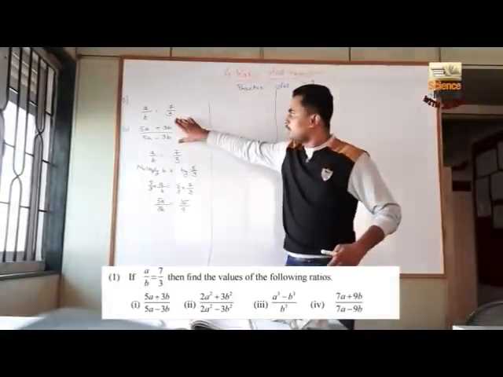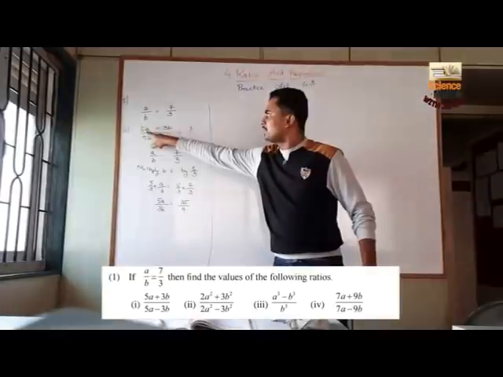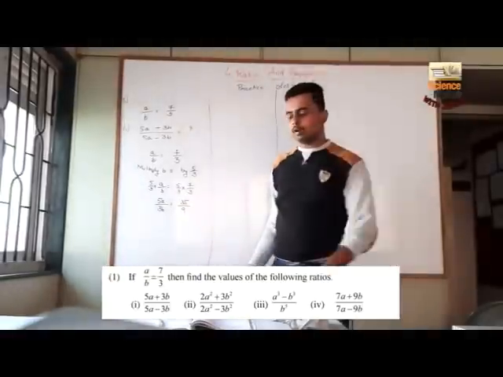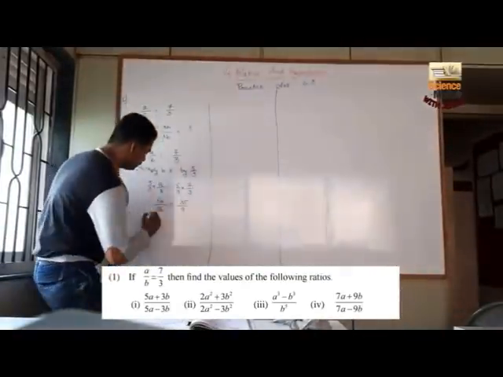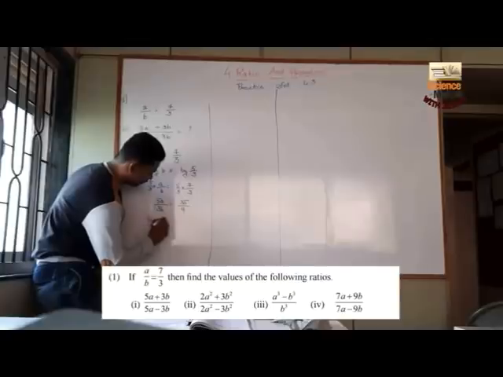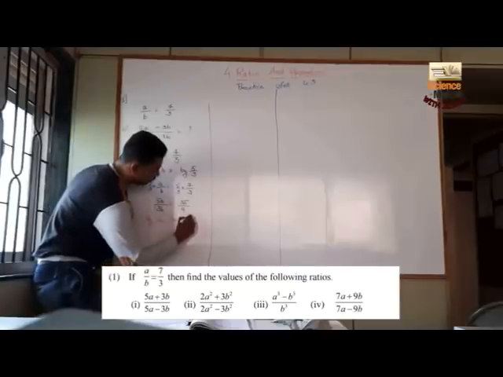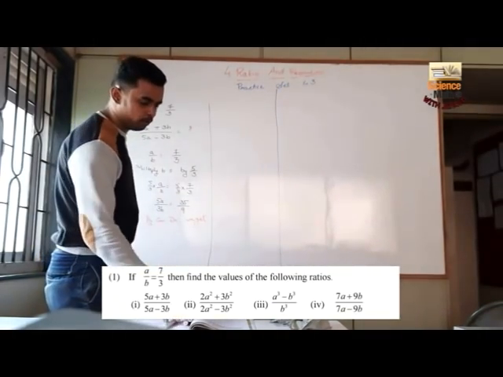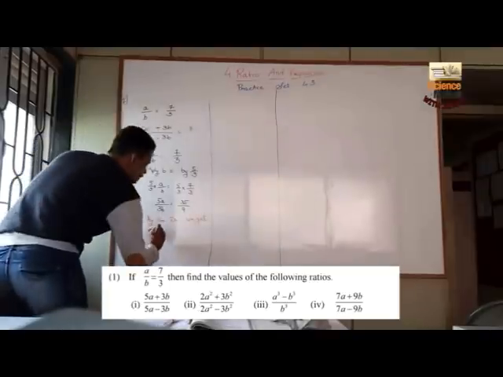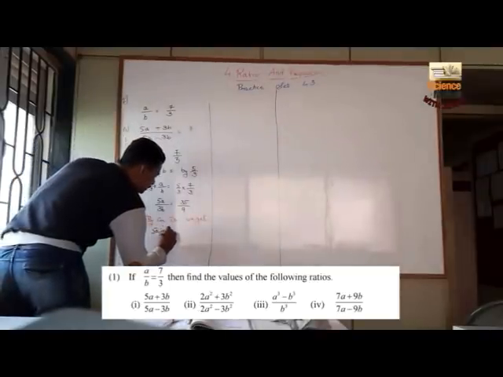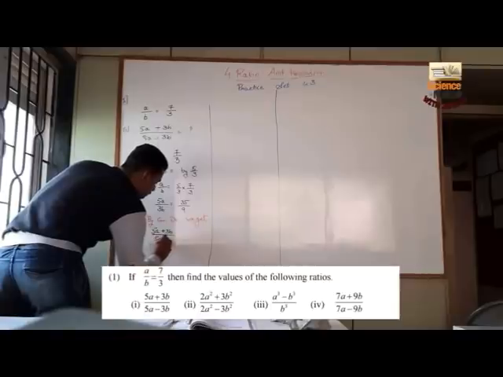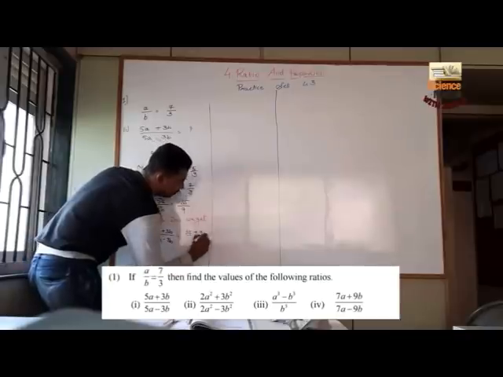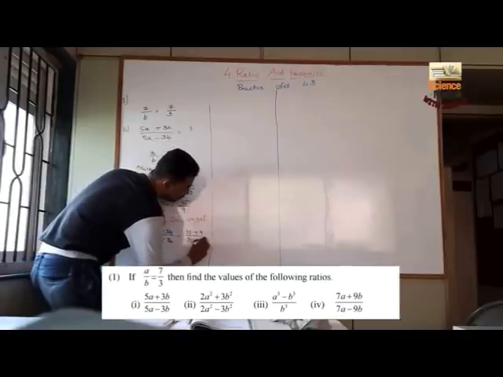Now, if you observe the expression that we are supposed to find, you can see numerator plus denominator and numerator minus denominator. Therefore, what we have to do is componendo dividendo. So we will do componendo and dividendo to this ratio, and now what we have is 5a plus 3b upon 5a minus 3b is equal to 35 plus 9 upon 35 minus 9.